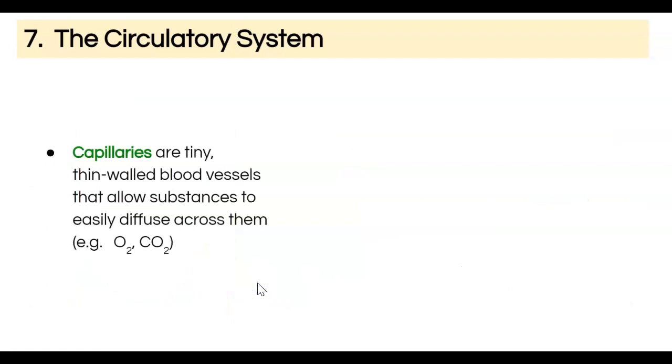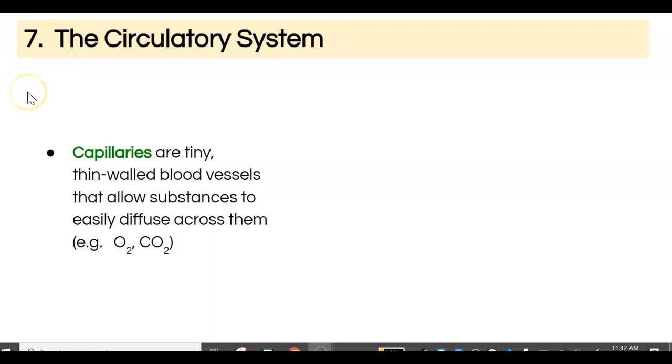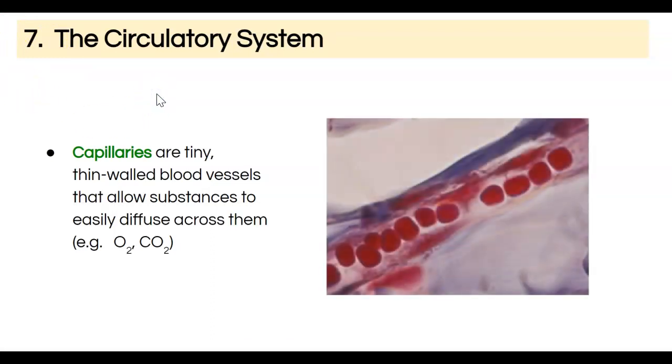Okay, now, capillaries. Capillaries are in between veins and arteries. What they are, are tiny, tiny little thin-walled blood vessels with very high surface area to allow for substances like oxygen and carbon dioxide to diffuse across them.